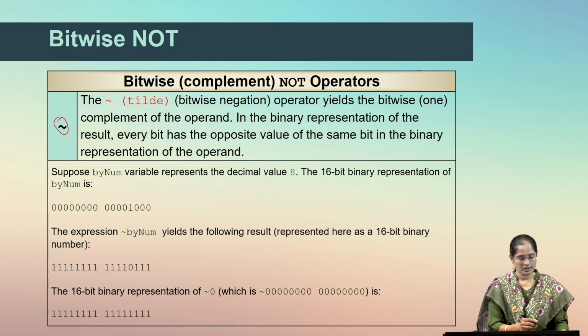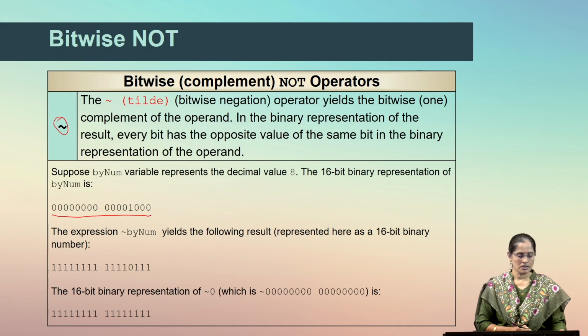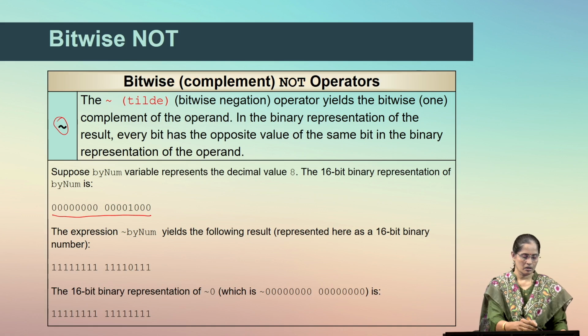So, let us take an example of a binary representation, which is again a 16 bit representation. If it is applied with the tilde symbol, it negates the complete bit stream by replacing 0 with 1, again 0 with 1, 0 with 1, and then 1 with 0.